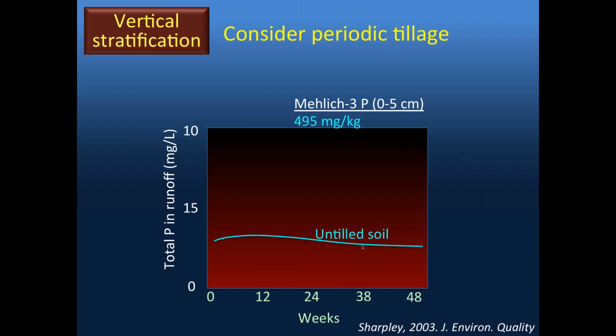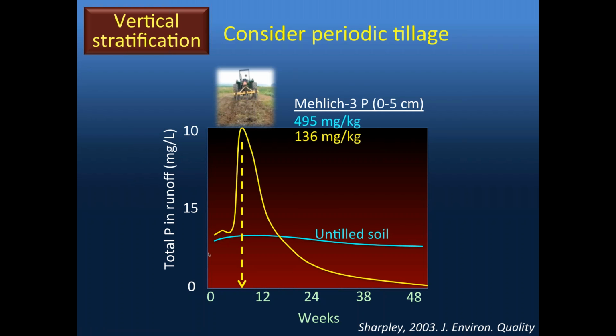The other one, he imposed tillage. You can see that the concentrations from the untilled soil, starting at almost 500 milligrams per kilogram phosphorus, were on the order of about 8 milligrams per liter total phosphorus in runoff.